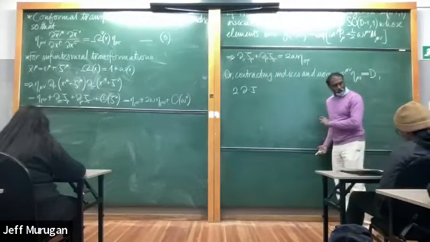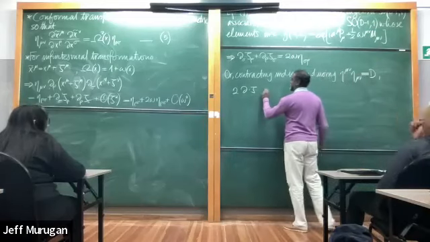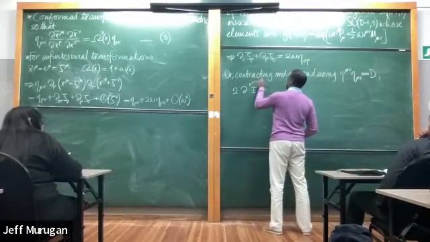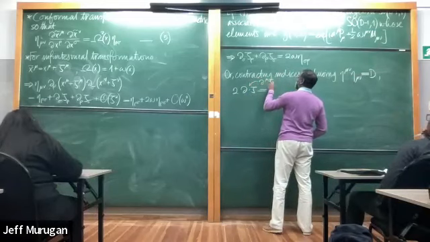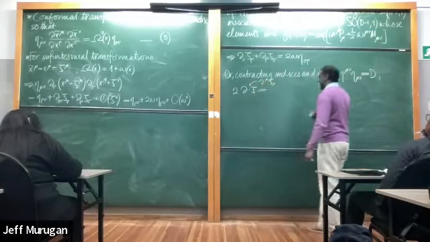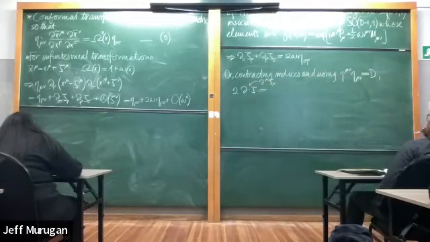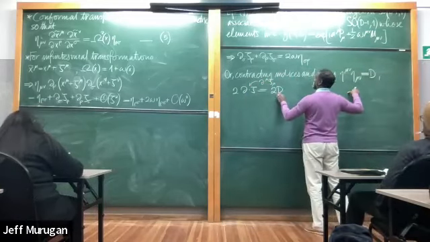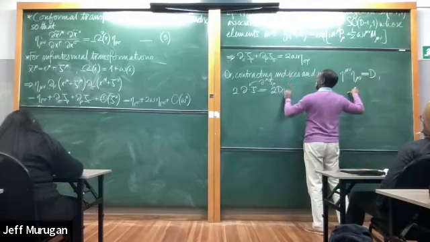Okay. On the left hand side, I get this. On the right hand side, I get a D. That's 2 D omega.